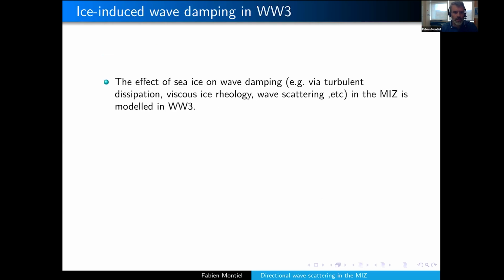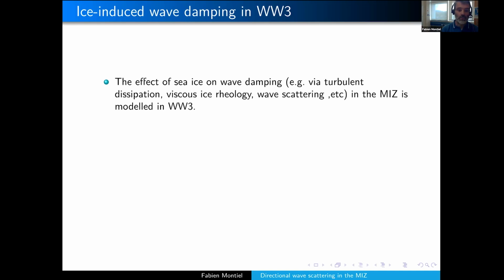One of the reasons that I think it's been used quite a lot, especially in our circles here, is because a lot of work has been put into parameterizing the damping of waves caused by the ice.